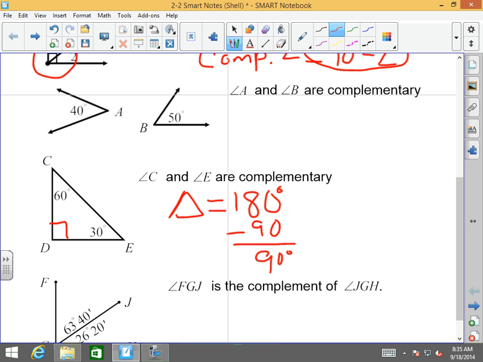Then you would say angle CDE minus angle C minus angle E equals 90, subtraction property. Then angle CDE equals 90 degrees. Then angle CDE is a right angle, definition of right angles. Then triangle CDE is a right triangle, definition of right triangles.